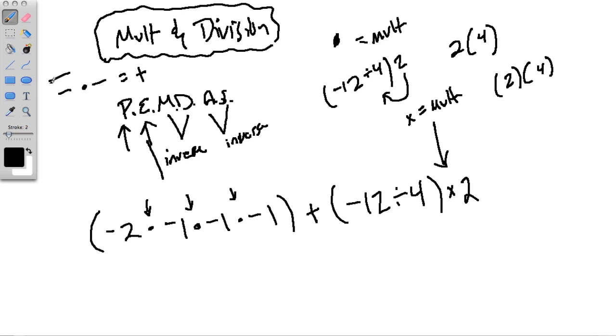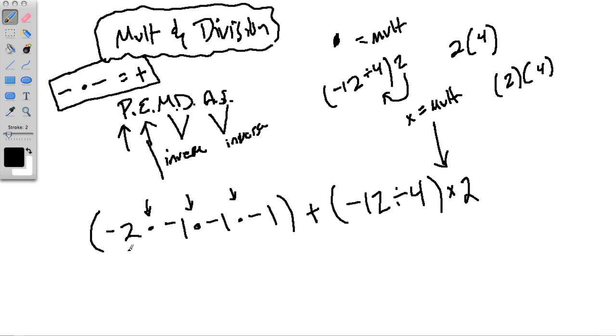Whenever I have a long list of numbers, every 2 numbers that are negative will result in a positive value. So these 2 numbers are negative, positive, and these 2 numbers are negative. Multiplying like signs gives me another positive product, and in the end, we'll have a positive product.